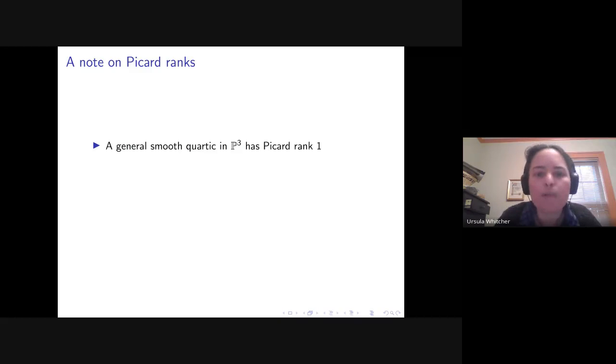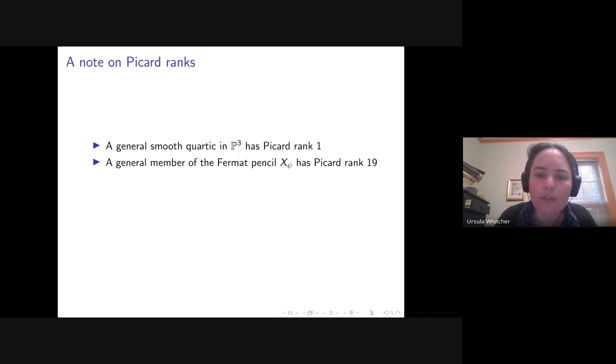So thinking about what happened with Picard ranks, we started out with general smooth quartics in P3. Those have Picard rank 1, although it is a little bit of work to write down a smooth quartic that has this lowest possible Picard rank. That's some cool research by Elsenhans and Jahnel. And then a general member of the Fermat pencil has Picard rank 19.